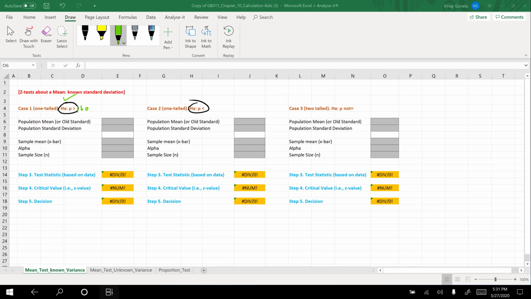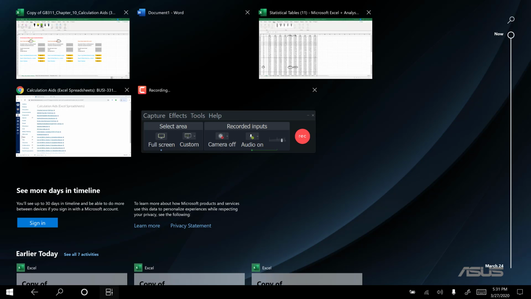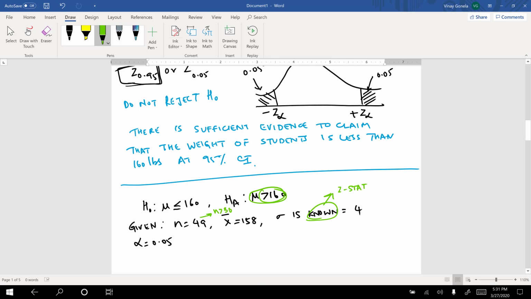The population mean in this case is 160, so I will type in 160.